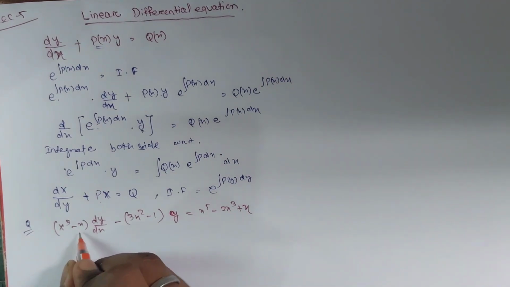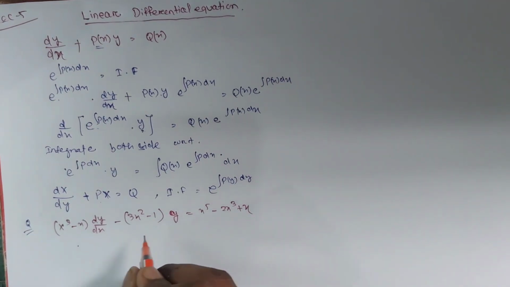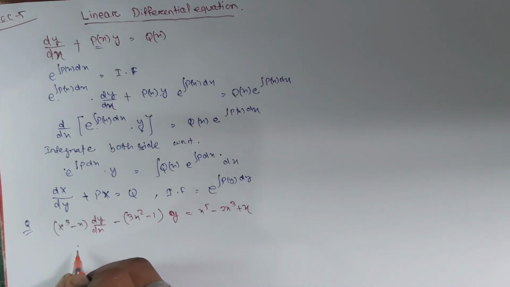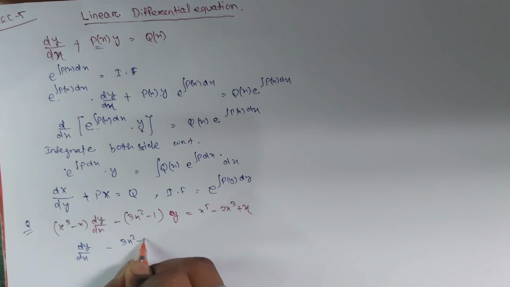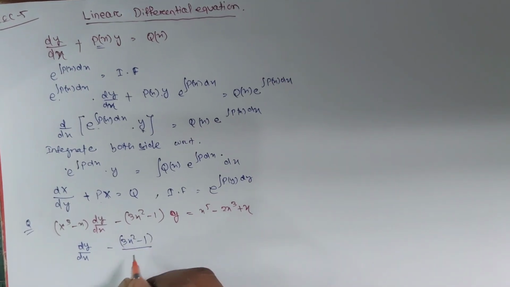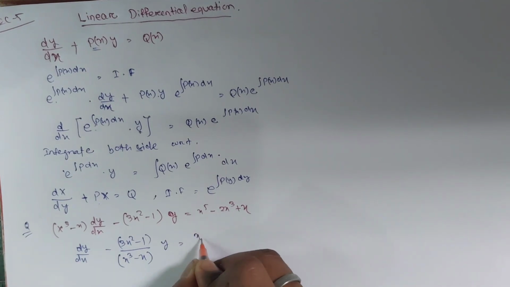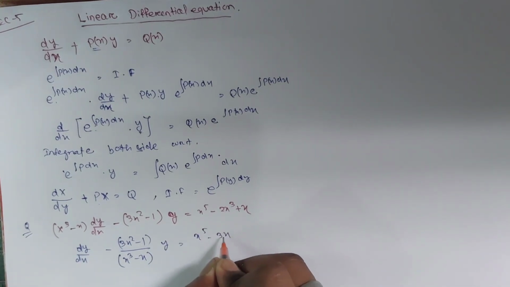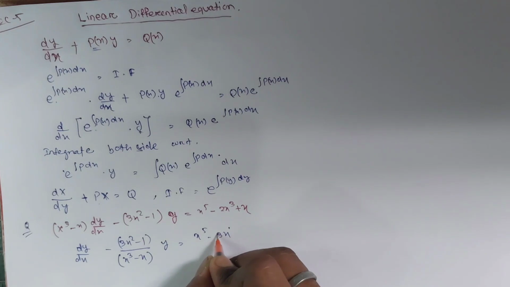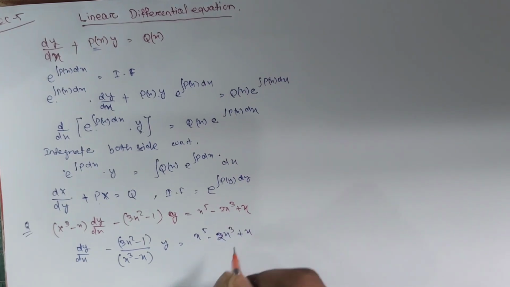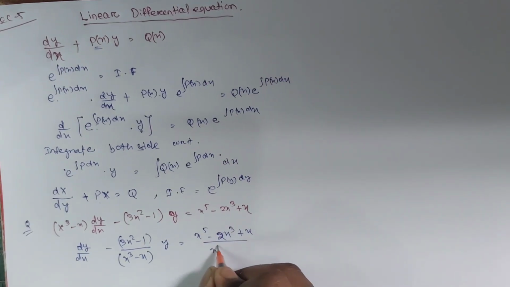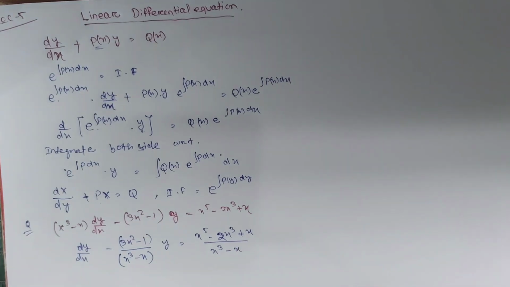So we can divide each term by x³ − x. So dy/dx − (3x² − 1)/(x³ − x) y = (x⁵ − 2x³ + x)/(x³ − x).